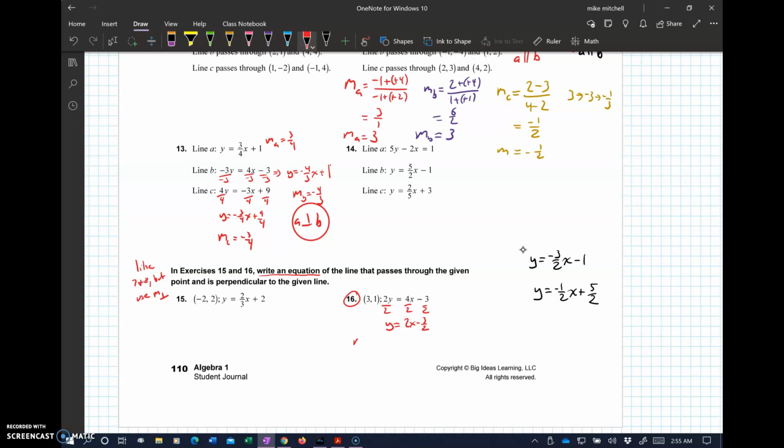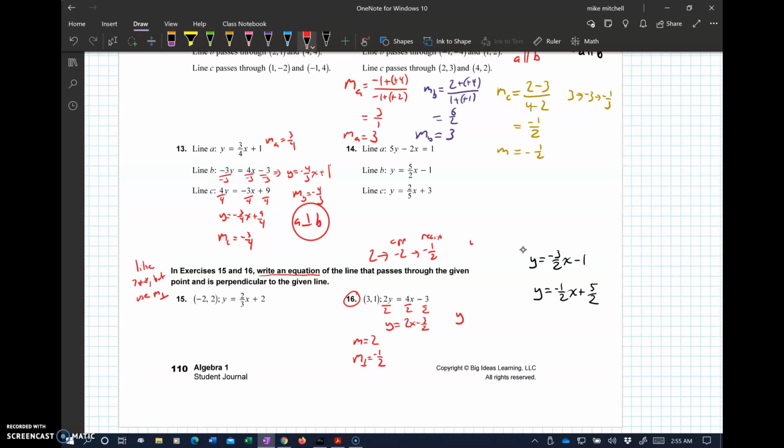I need that because I need to get my slope. That's going to be 2. I need a perpendicular line. So 2, my opposite is -2, my reciprocal is -1/2. So my perpendicular slope is negative 1/2. That's the slope I'm going to use in everything.